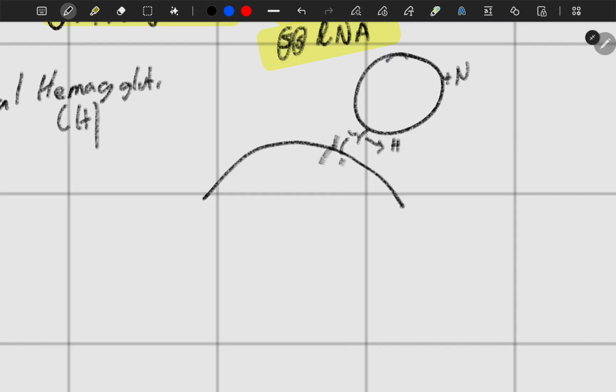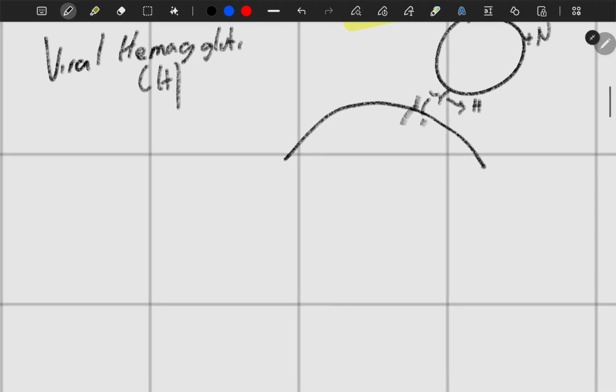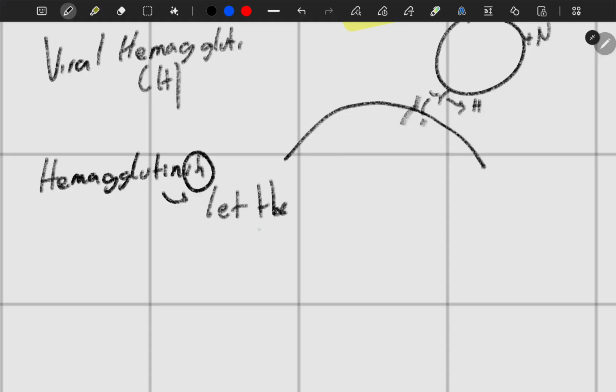This is completely important. Hemagglutinin lets the virus in. Let the virus in.